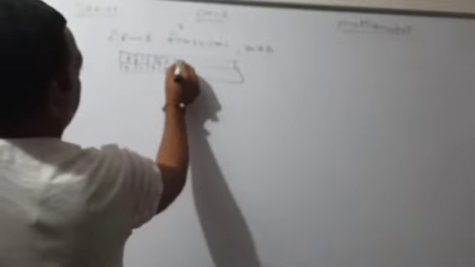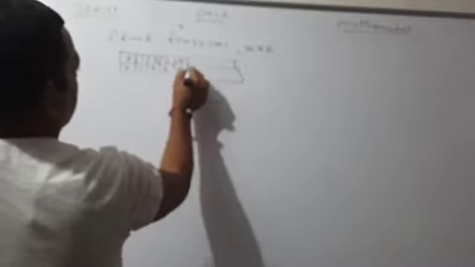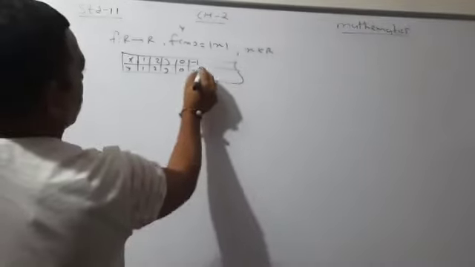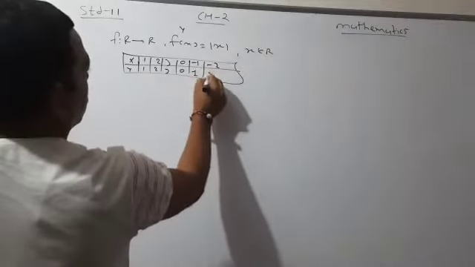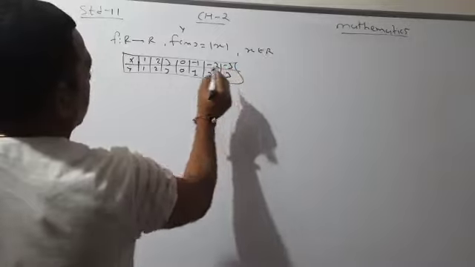But if I consider 0, my answer is 0. If I consider minus 1, because of modulus it is 1; minus 2 gives 2; minus 3 gives 3.